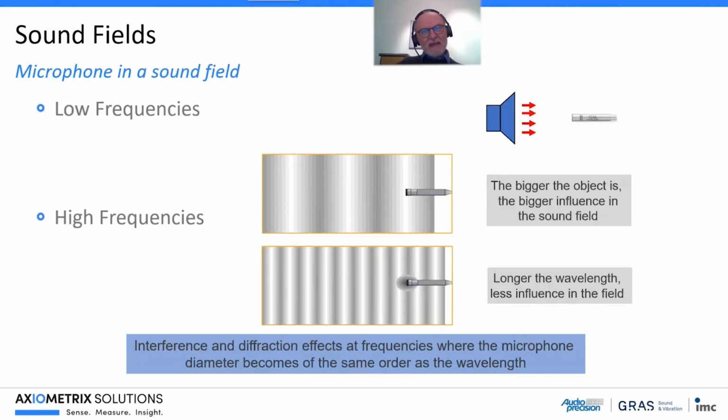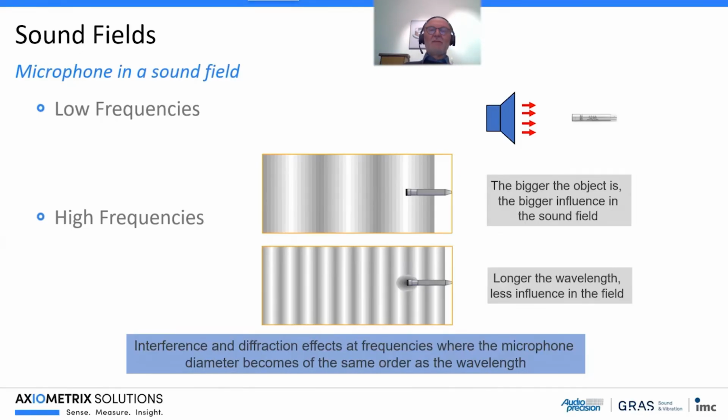A long wavelength compared to the little microphone we have placed in the sound field means the microphone will have no influence in the sound field. If we have a 100 Hertz sine wave, then the wavelength is 3.4 meters.